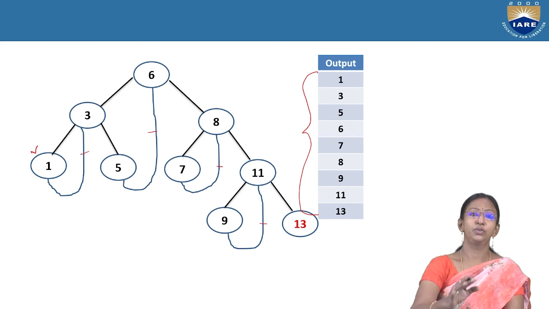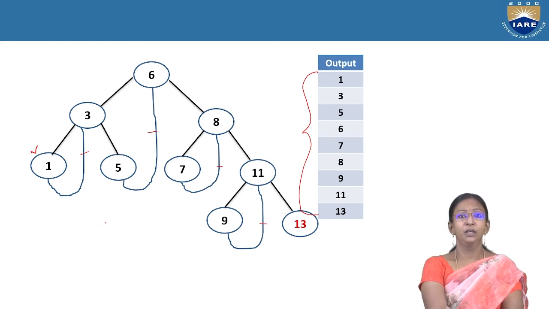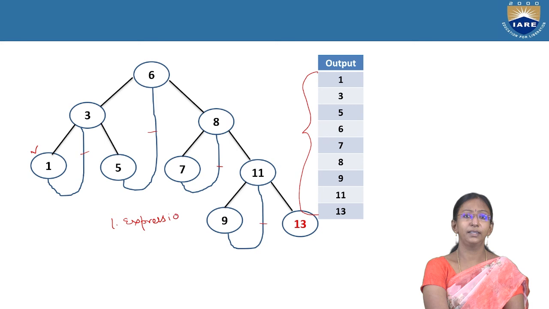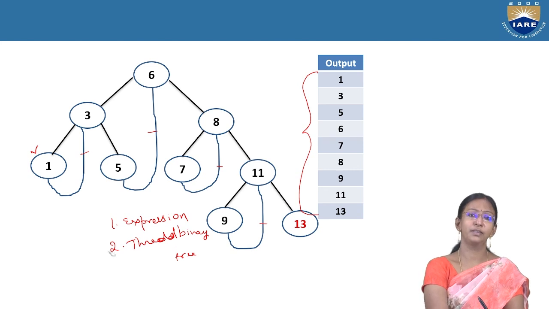In this session, we have learned about two kinds of trees. One is the expression tree, and the other is the threaded binary tree. First of all, an expression tree is a tree in which binary expressions are stored for easy evaluation.